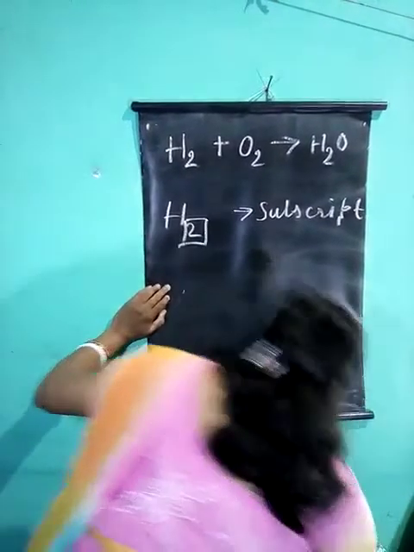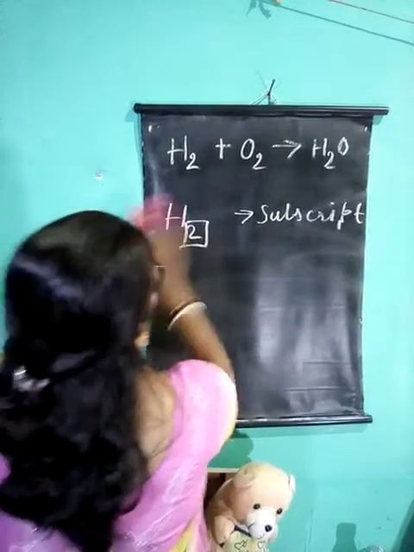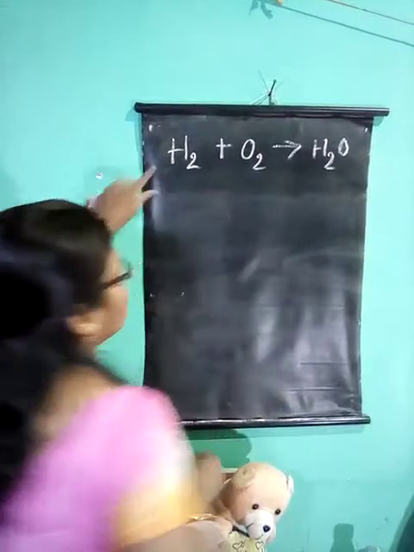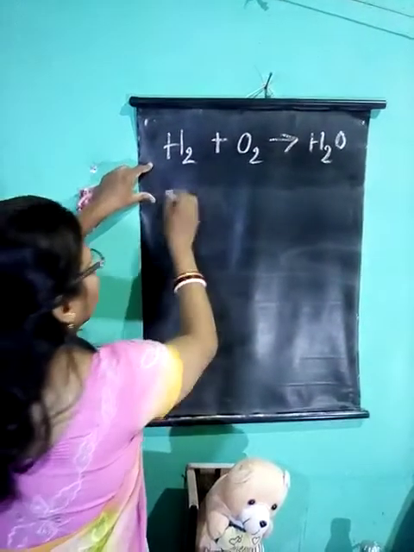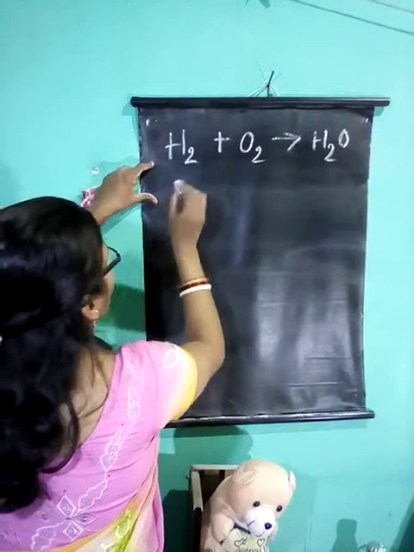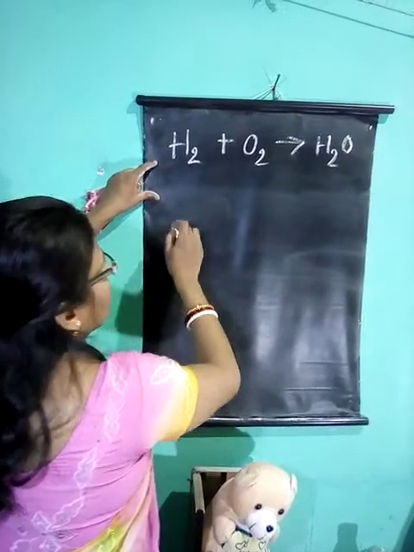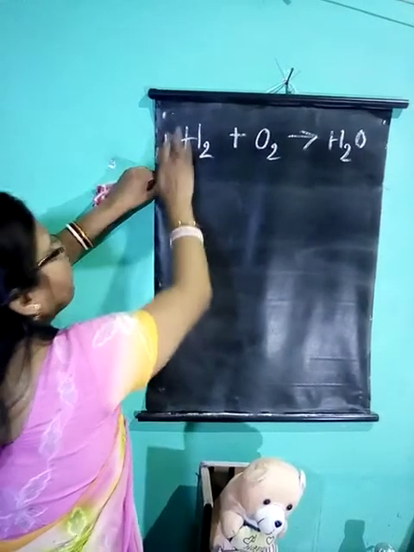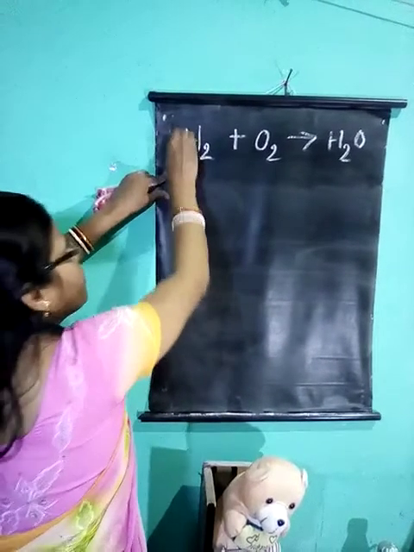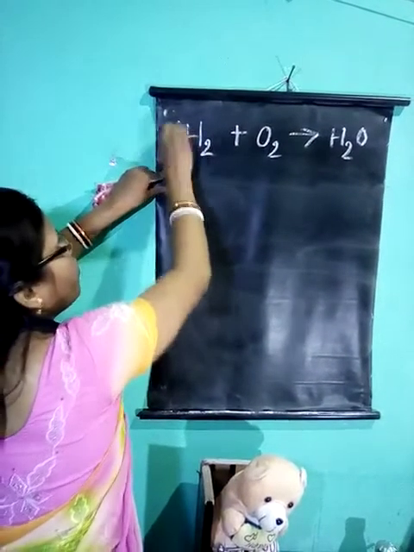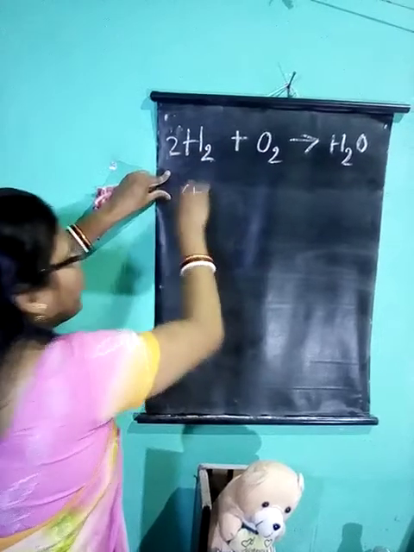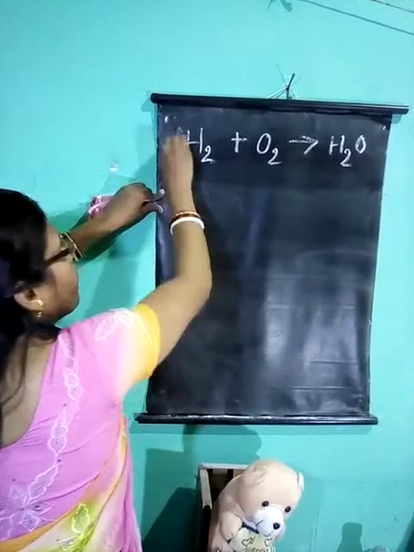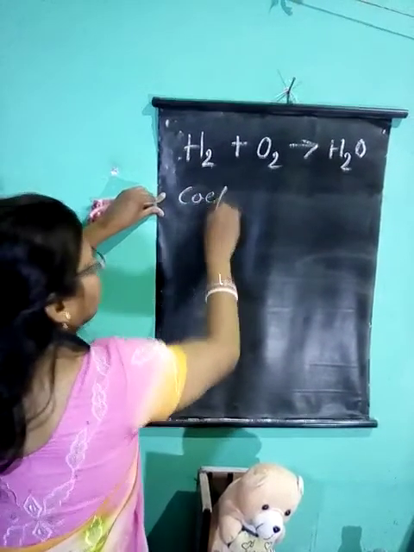Now how to balance the equation? When you balance the equation, you can always write any number only on the coefficient side. Whatever you write here, it multiplies. Here nothing is there, it means 1. If you write 2 here, it means 2 into 2, 4 atoms. You can write only in the front, and that is called the coefficient.